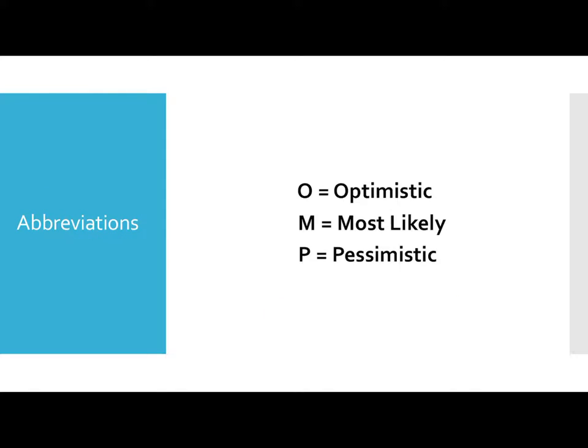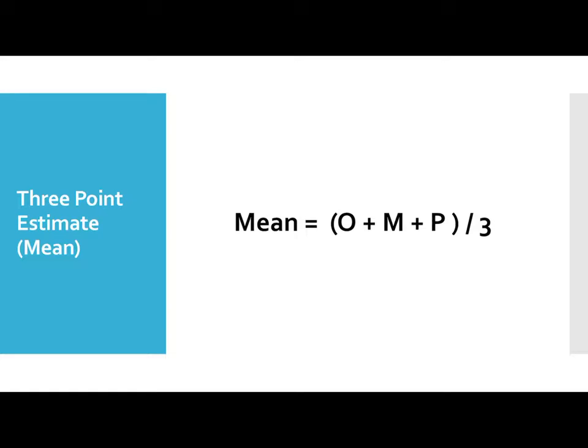Okay, let me come to the 3-point estimation. Some more abbreviations. O stands for optimistic estimate, M stands for most likely, P stands for pessimistic estimate. The 3-point estimate is also called the triangular estimate. It's optimistic plus most likely plus pessimistic, whole divided by 3, that's O plus M plus P whole divided by 3. You get 3 estimates from your team and then you use this formula and get the mean.